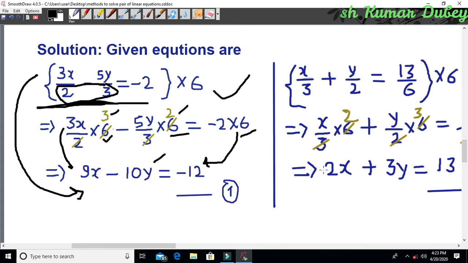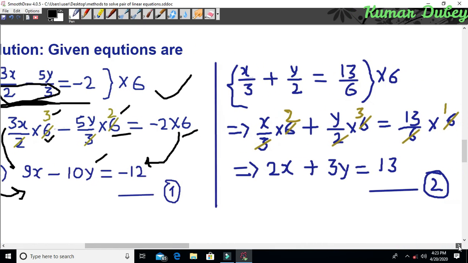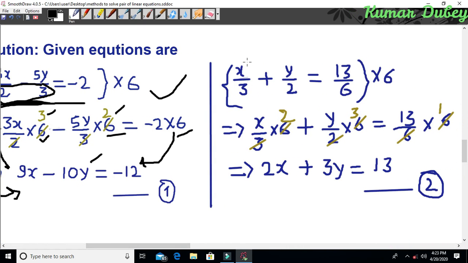The same we will see here. Our next equation is x by 3 plus y by 2 is equal to 13 by 6. Here again we multiply by 6 because the LCM of these two denominators is 6.